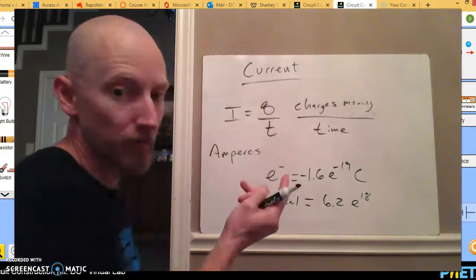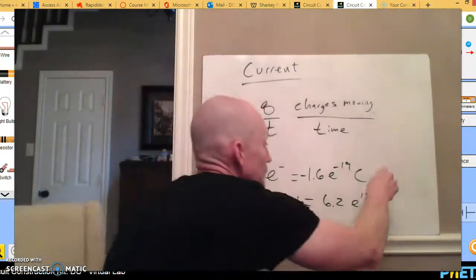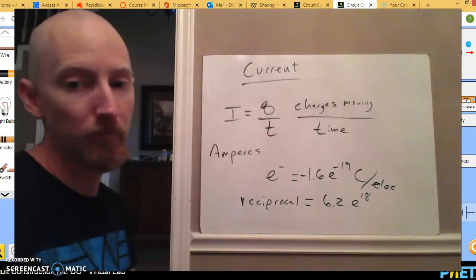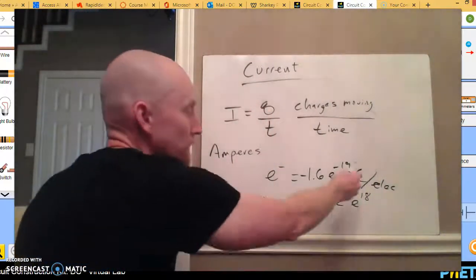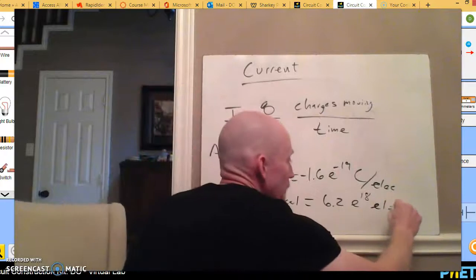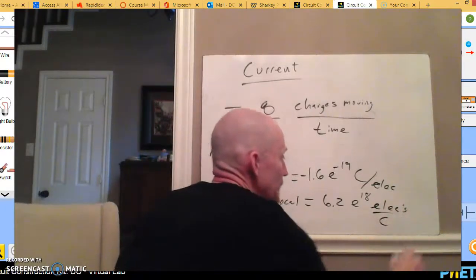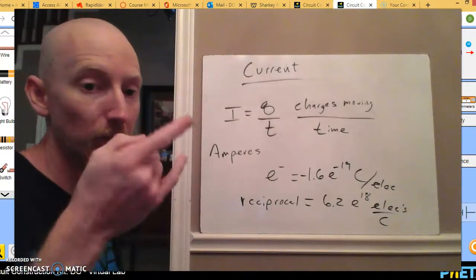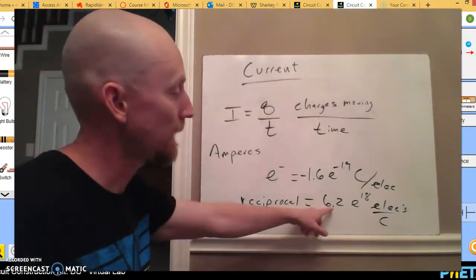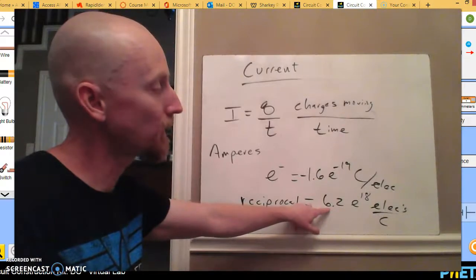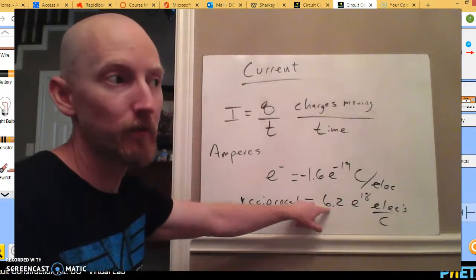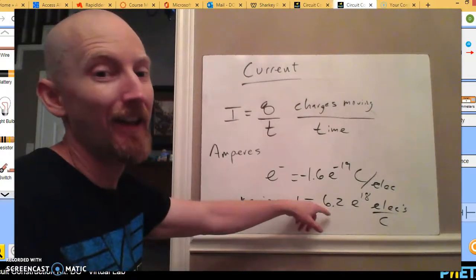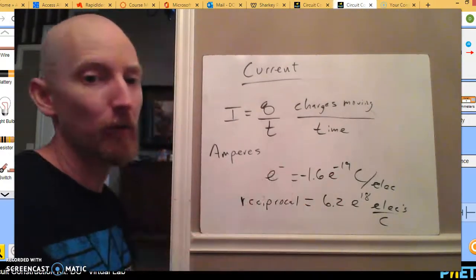The reciprocal, right? When you flip this, you get electrons per charge, or number of electrons moving per charge. And this tells you the number of charges moving past a point in a wire in 1 second. And that's what we call 1 amp.